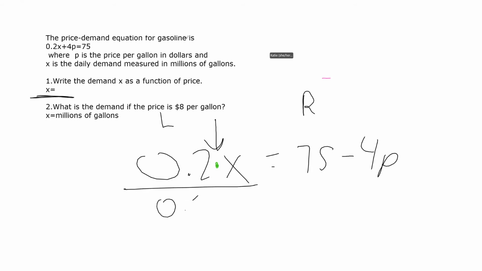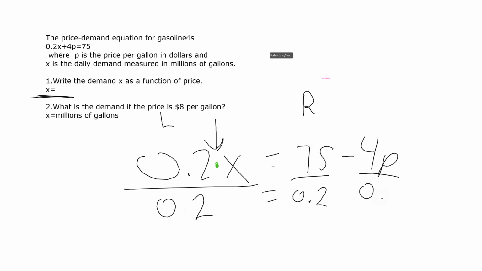Divide by 0.2 each element. I have to divide the 75 by 0.2, and I have to divide 4p by 0.2. Any number divided by itself, 0.2 divided by 0.2, is 1. So I can just rewrite that as 1x. I could write a 1 in front of it, I don't need to. That is 1x.